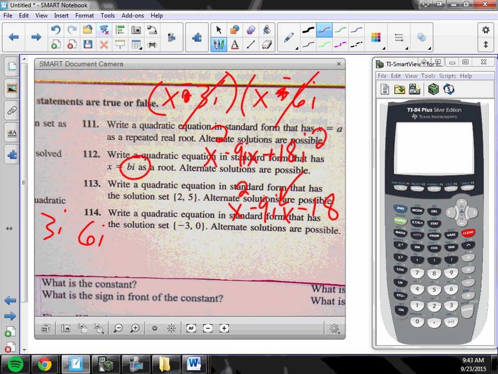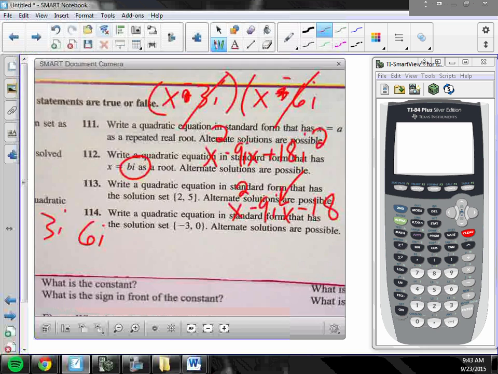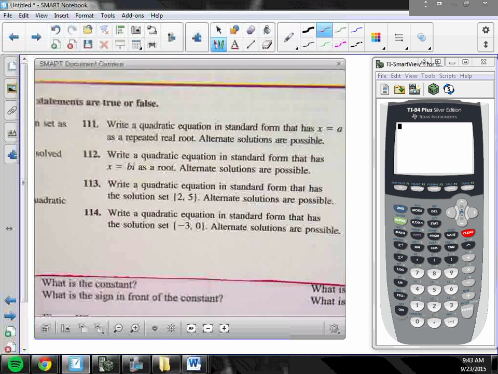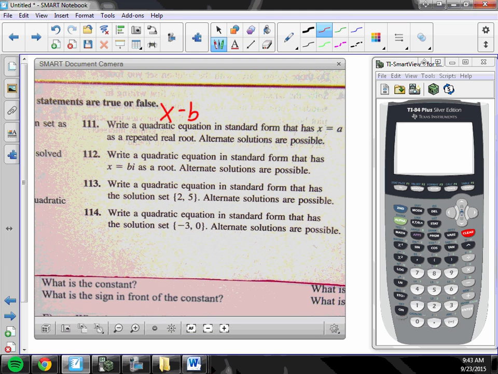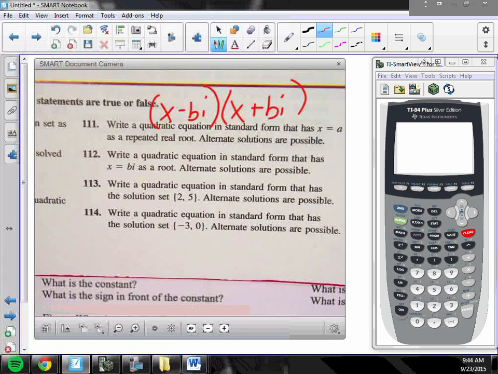What has to happen anytime you have an imaginary root? The other root has to be its conjugate. So if one of them is bi, then the other one would have to be negative bi. So it would be x minus bi and x plus bi. And that's going to give me x squared, and negative bi and positive bi turn into 0ix.